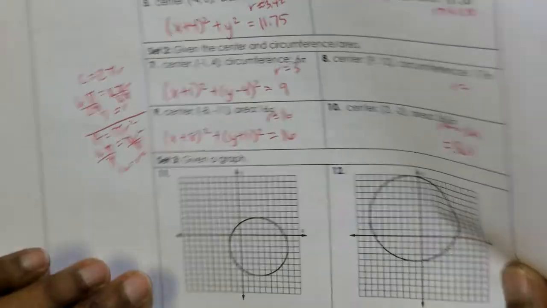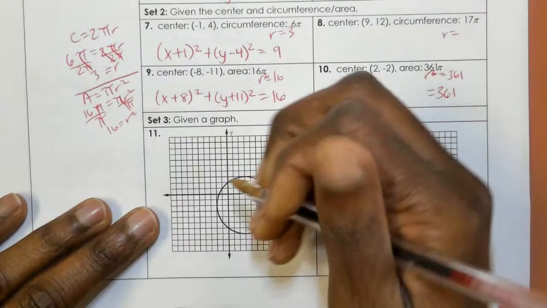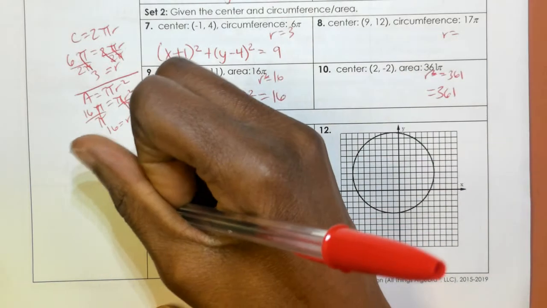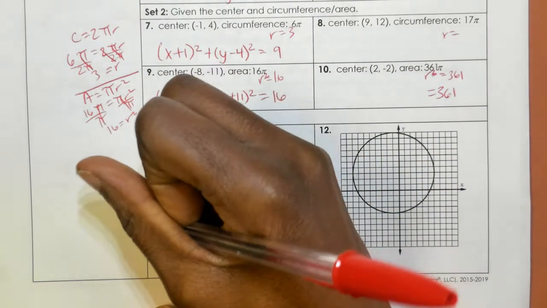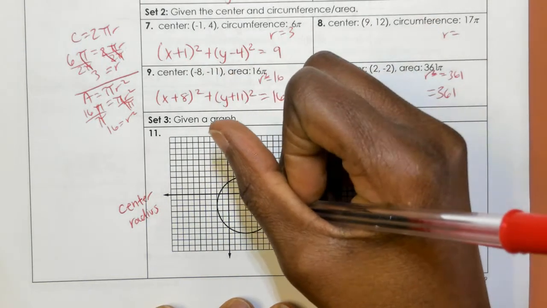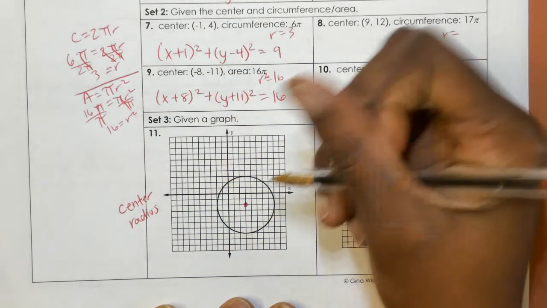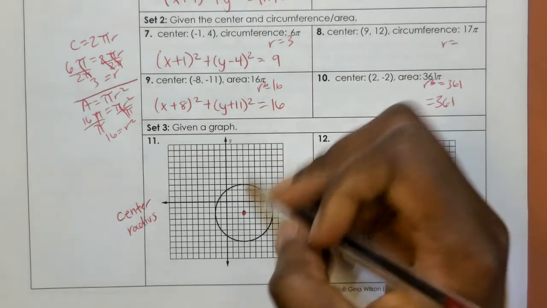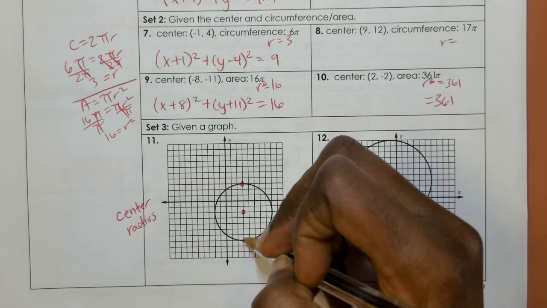Okay, the third type is if you have a graph. What you would do with the graph is you would identify the center. You still always need to write the equation of the circle. You need the center and you need the radius. So if you can identify the center of the circle by just looking at it, if you can't do it by looking at it, then what you would do is look at the topmost point and the bottommost point.